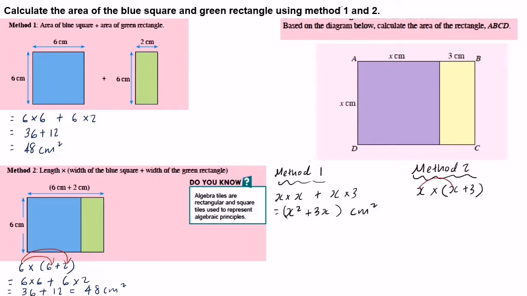Actually, this method we call it as expansion. Okay, so S times S equals S squared. S times 3 equals 3S. So the answer is S squared plus 3S centimeter square.